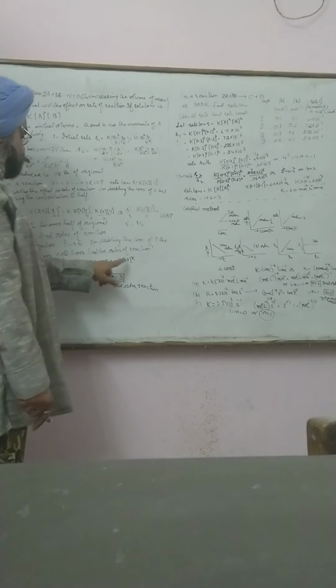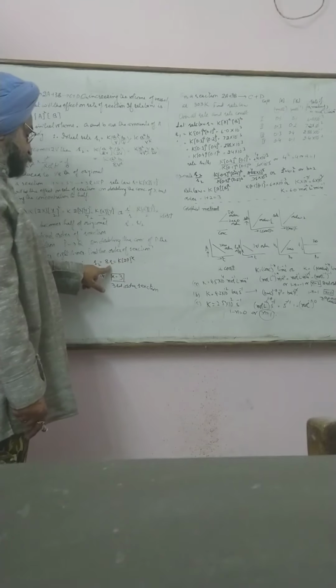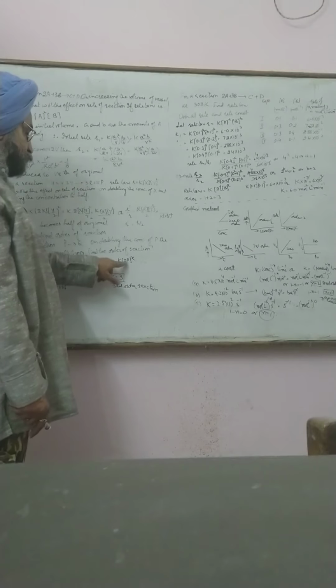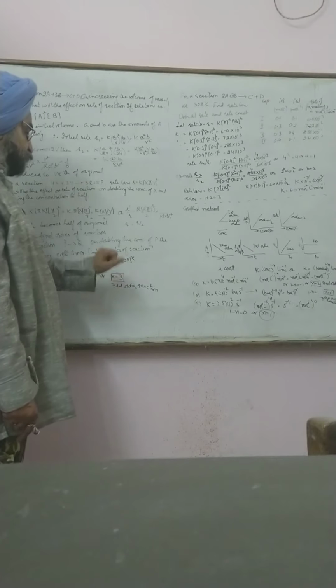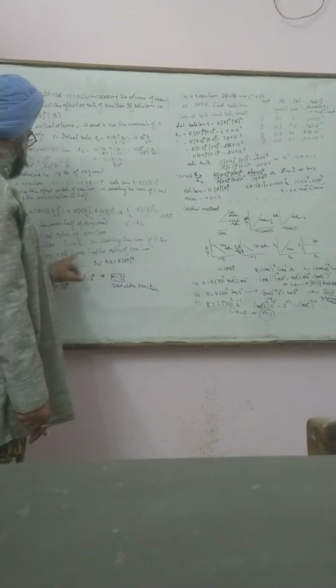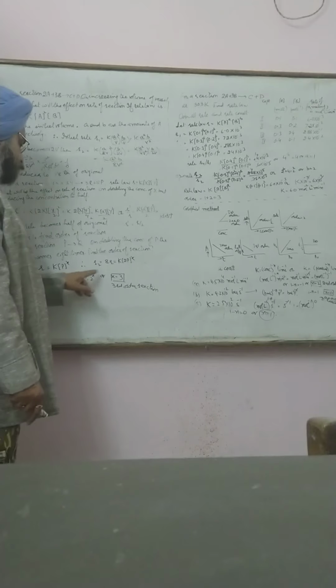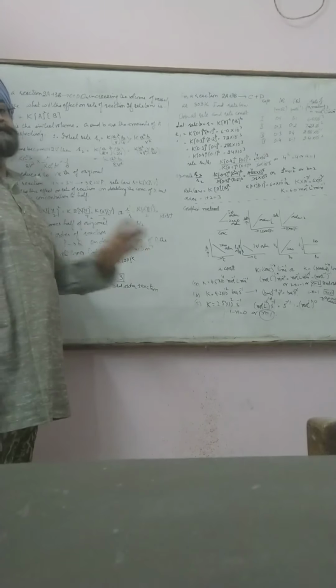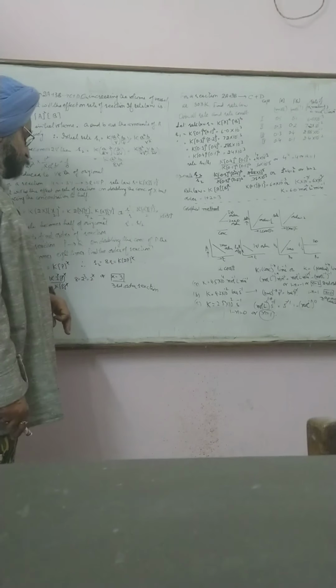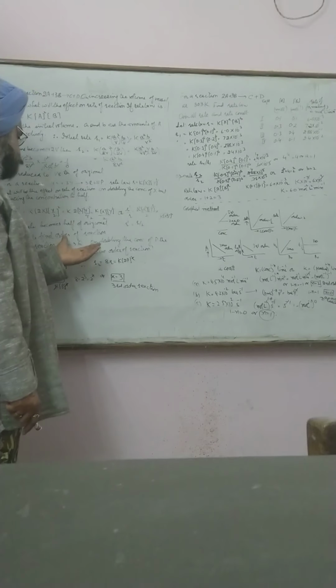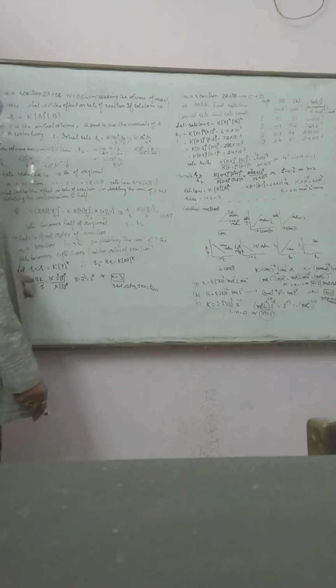Now when P becomes 2P, the rate becomes 8 times. Now (2P) raised to x means 2 raised to x, P raised to x. On dividing this by this, we get 8 is equal to 2 raised to x, means 2 raised to power 3 is equal to 2 raised to x, and therefore x is equal to 3, which means it is a third order reaction. If the rate enhances by 4, then it is 2 square, so it will become second order.